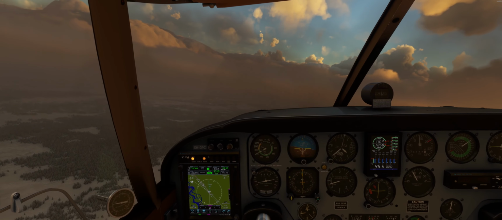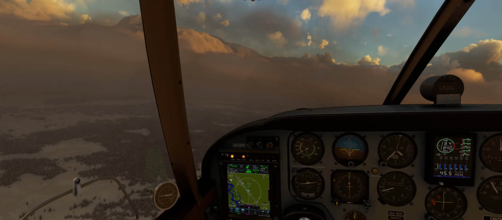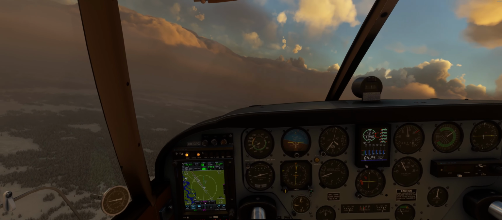Fairbanks traffic, Oscar Kilo Papa Charlie, Piper Comanche on a 12 mile final from runway.